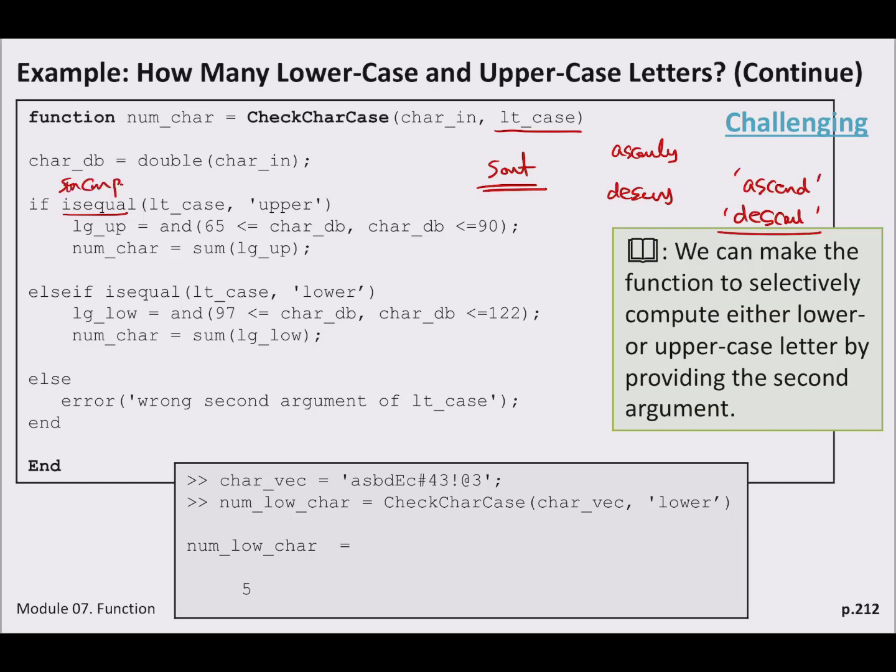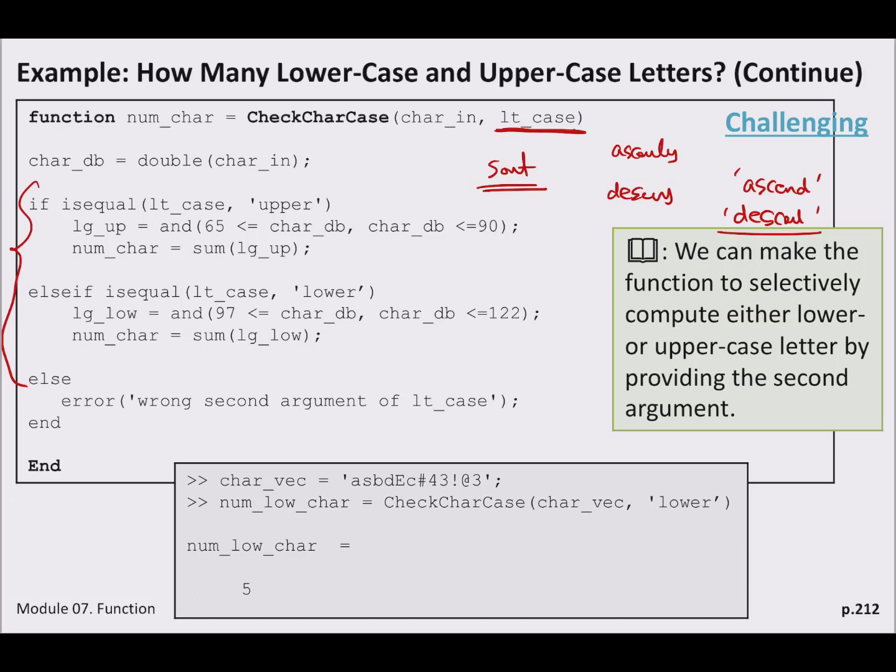If letter case is equal to upper, we only do this operation, and num character is the number of uppercase letters. Else if the letter case is the same as lower, we compute the number of lowercase letters. Do you understand this part?